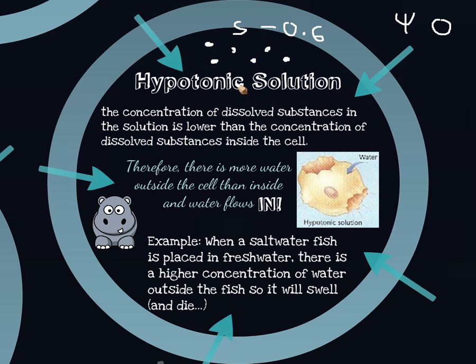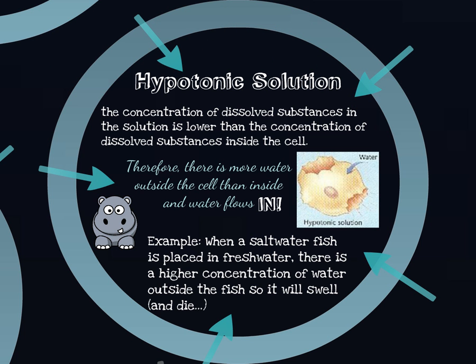And if there's no other factor affecting the water potential, then the water potential, sorry, I should draw the little symbol there, so that's the solute potential, the water potential would also be negative 0.6. And again, this means that it's a higher water potential outside than there is inside the cell, so water will move into the cell.